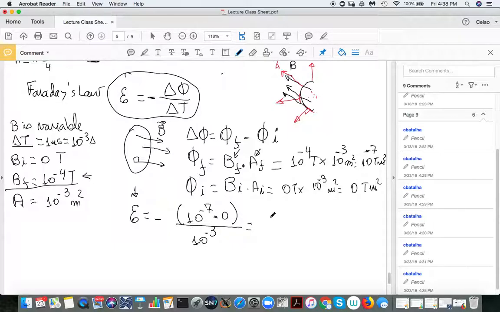And we have something that is negative 10 to the minus 4 volts. So the ratio between Tesla meter squared divided by time is volts. So in other words, if you have a loop like this, let me draw the loop again. But instead of closing it, let's make a circuit.